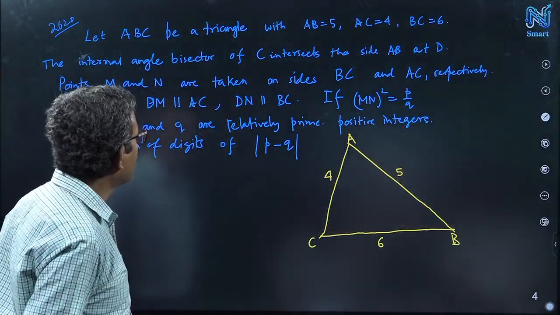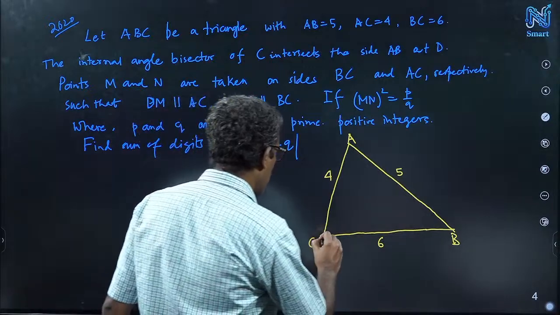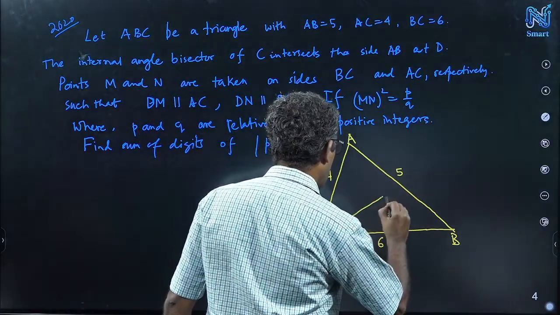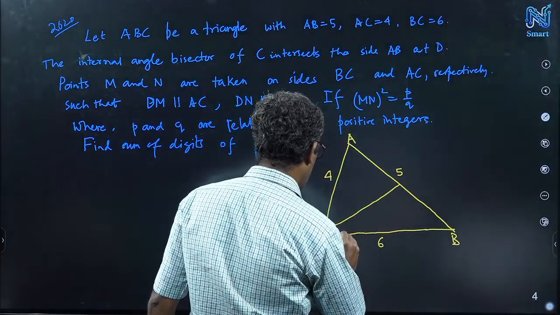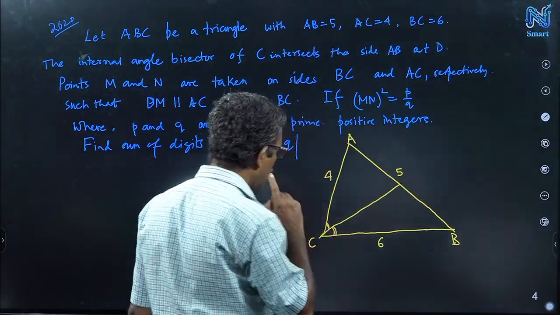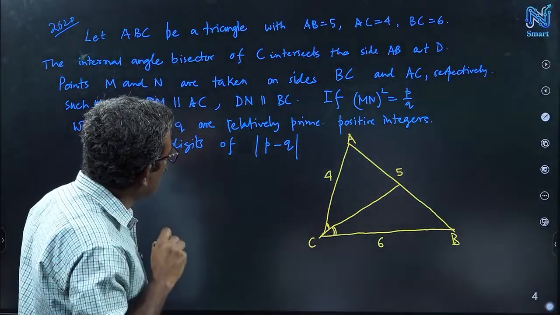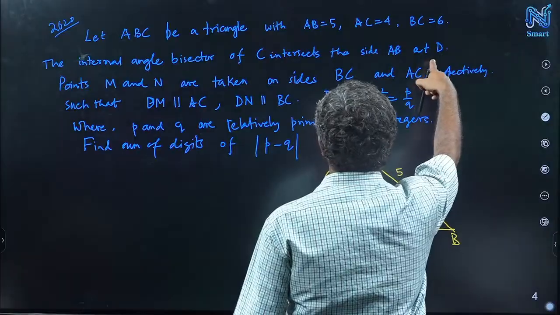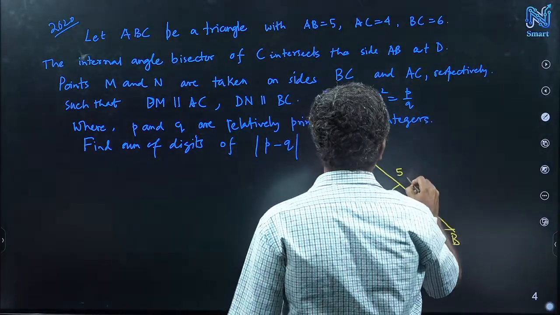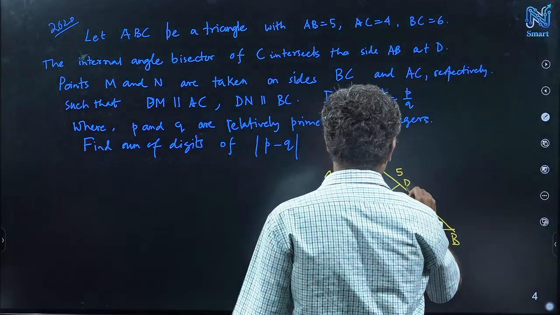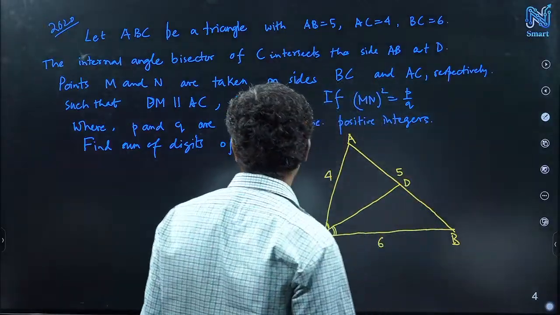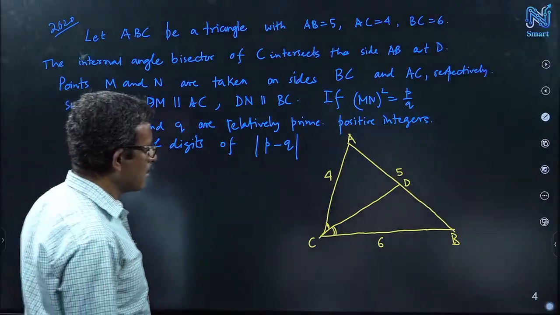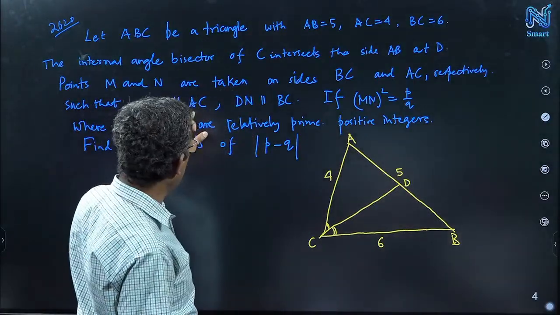The internal angle bisector of C, so these two angles are equal, meets the side AB at D. Now, point M on BC such that DM is parallel to AC.